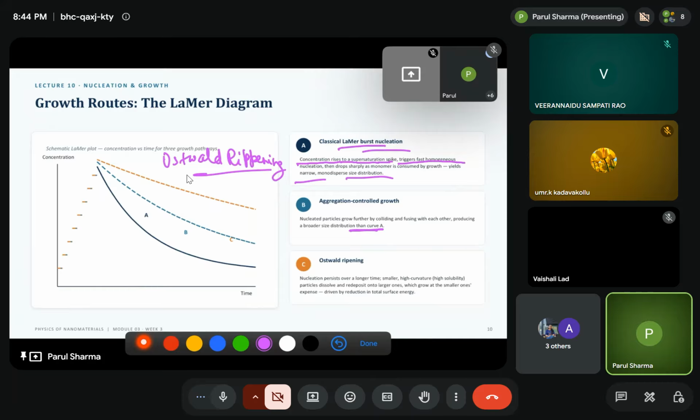So how can we define the Ostwald ripening process? It is the process by which larger particles grow at the expense of smaller ones in a dispersed system, due to the difference in chemical potential between particles of different radii.